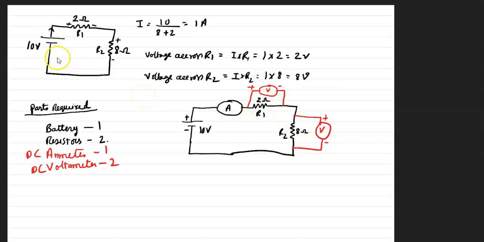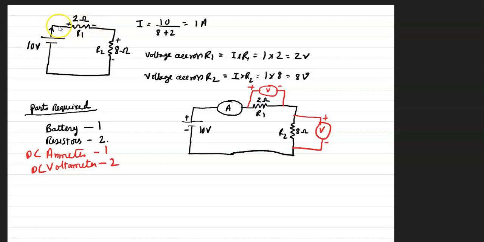So you just have to remember this simple tip you might already know. The current direction is from the positive of the battery, and when it flows through any resistor, we assume that the current flows from the higher potential towards lower potential.